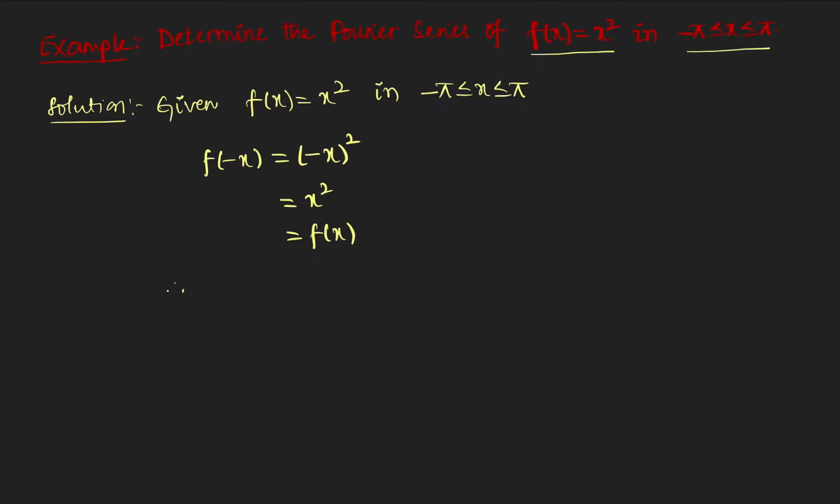Therefore, the given function f(x) is an even function. If the function is even, then from the properties of the integral, we can write bn = 0.